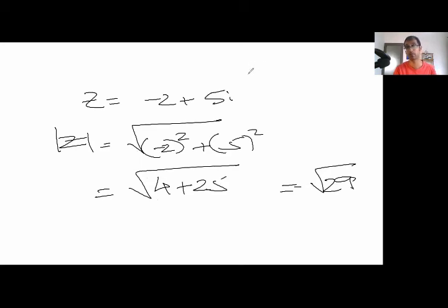So this is how we find the modulus of complex numbers, all right? And that's it. So what we've basically done is I've explained to you where it comes from, the origin of complex numbers, about having a number line and having a second dimension to it.